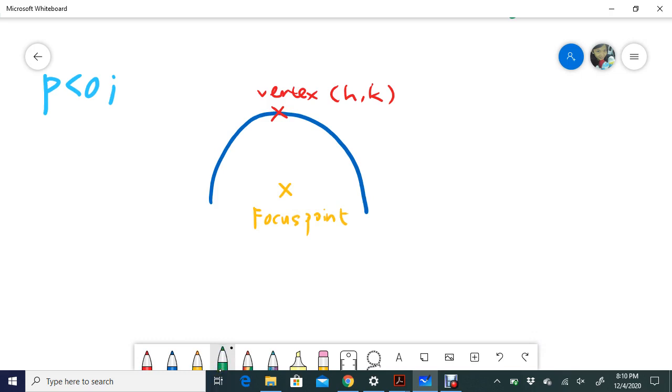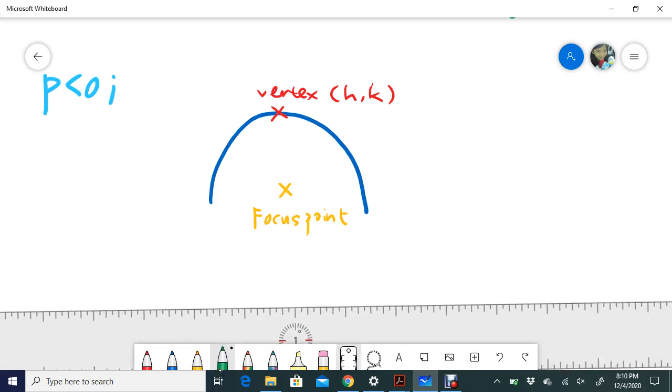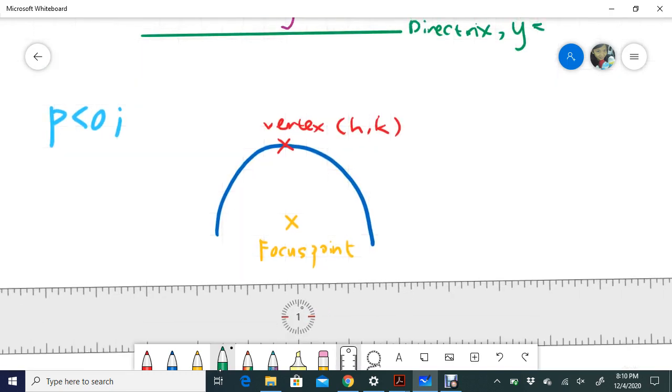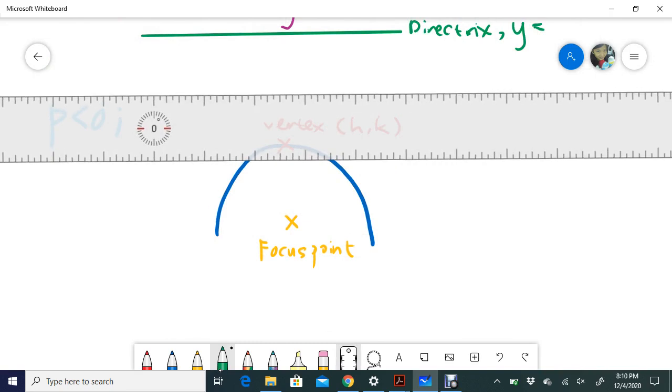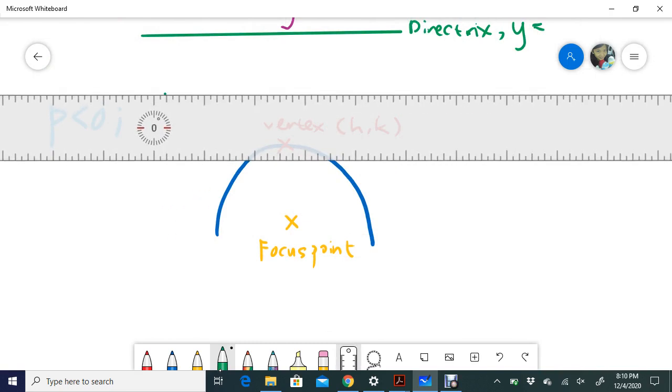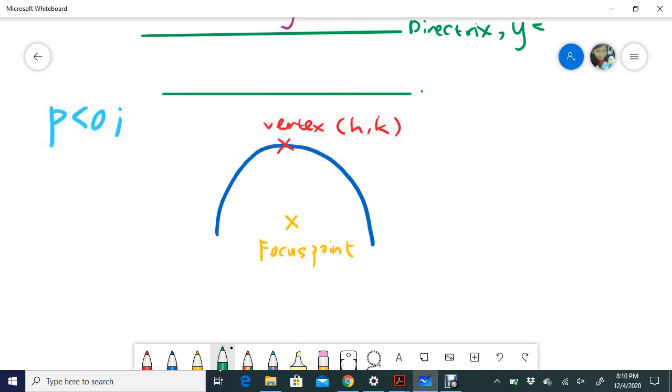Where will your directrix line be then? Your directrix line will be above your vertex. So this will be your directrix line. Again, your directrix will be y equals something. Where will your common distance be?